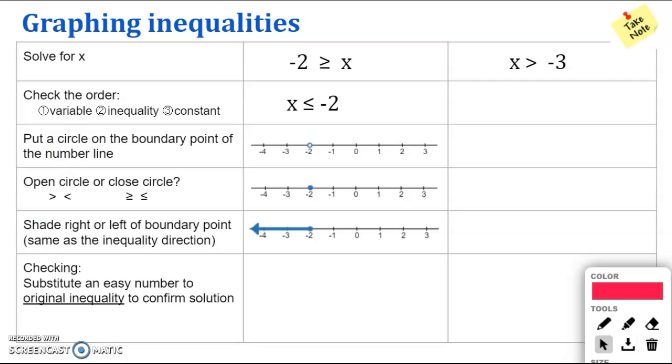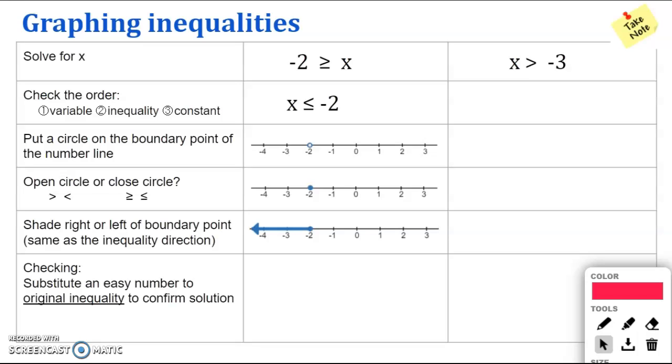Now the last step is important, checking. How do I check? You substitute an easy number into the original inequality to confirm the solution. Okay, so what you're saying here is that the solution to the inequality is numbers like -3, -4, and so on, while 0, 1, 2, 3, 4, those are not solutions.